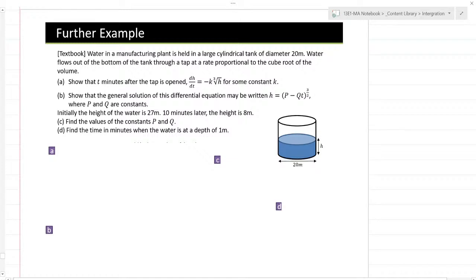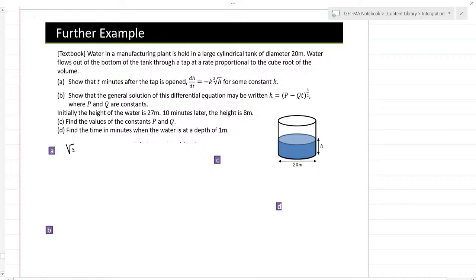So the first thing we're going to need to do is to work out what that volume is, aren't we? Because it's got a fixed diameter, we can work out what that is. So the volume of a cylinder is the circle on the bottom times the height. We've got a radius of 10. So it's going to be pi times 10 squared for the circle times h.